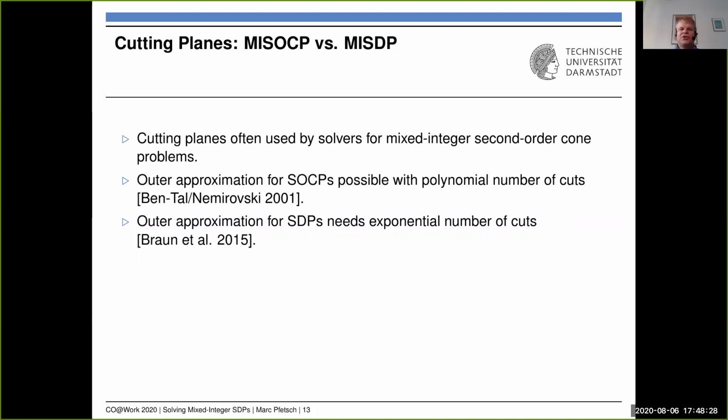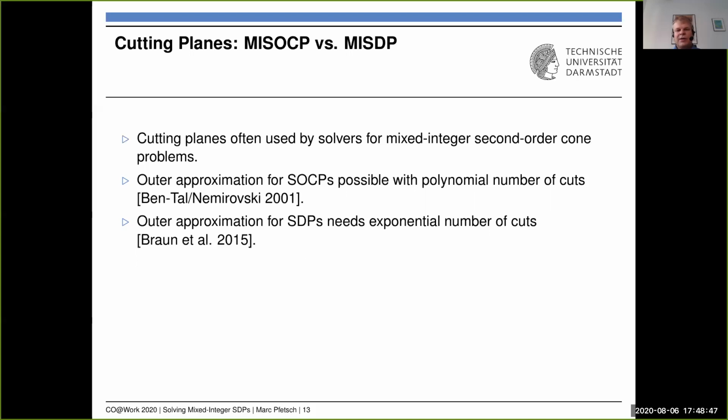And one can actually show that in order to reach a good approximation, one only needs a polynomial number of cuts. Unfortunately, for SDPs, this is no longer true because Brown and others proved that one needs an exponential number of cuts to do that.